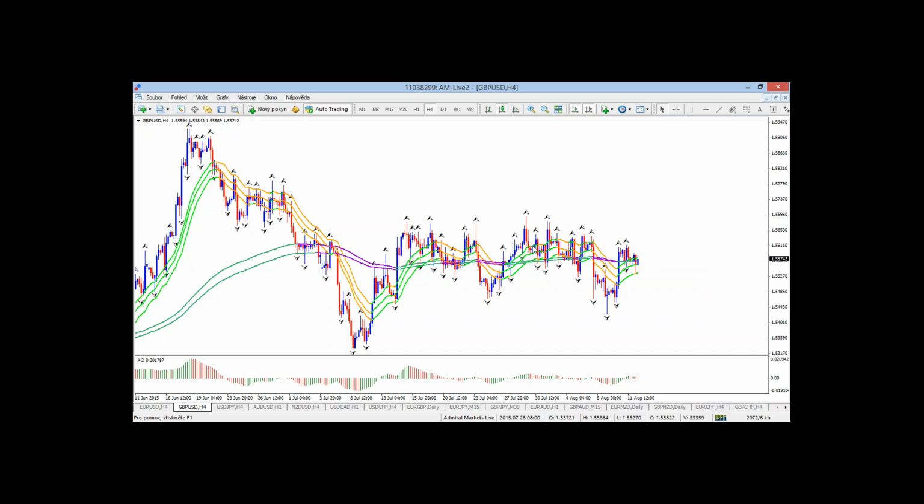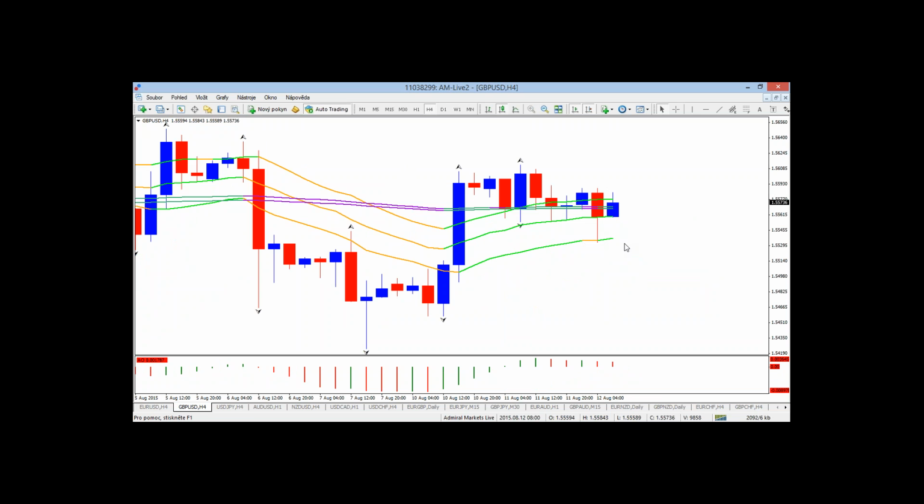So we're sitting right on the moving averages. And the moving averages are flat, and they are intertwined with each other. So is that interesting at the moment?